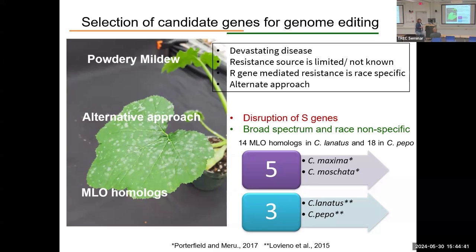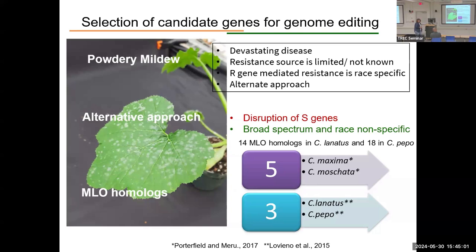So what is the alternate approach? How to tackle this powdery mildew disease in squash? So we try to disrupt the susceptibility gene. And by disrupting the susceptibility gene, we'll be able to get broad spectrum and race non-specific resistance.